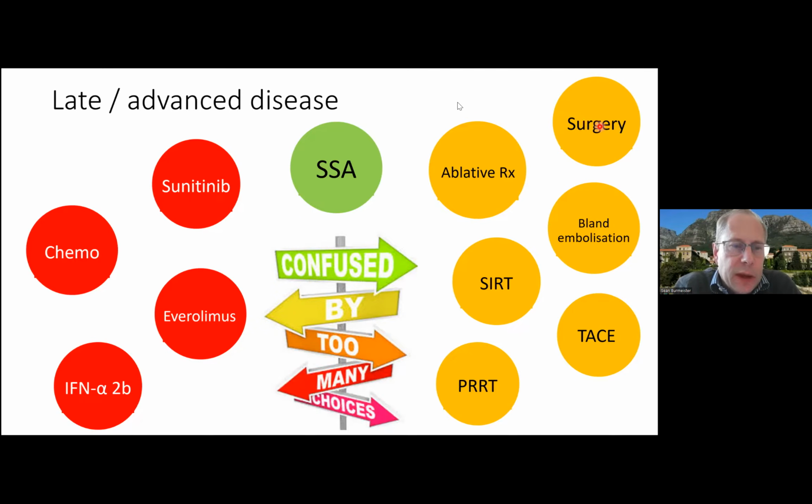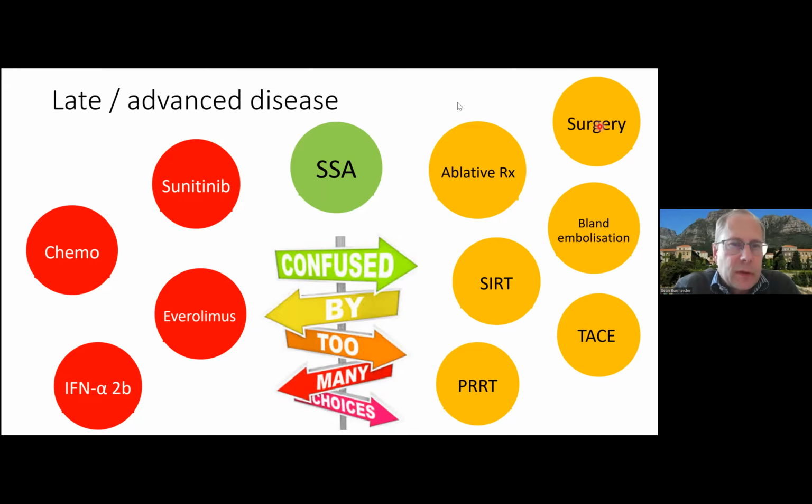The other medical modalities that are listed here are usually therapies that are considered once there is progression on a somatostatin analog. Everolimus is probably the more commonly used one, but there's also sunitinib, and interferon alpha has been used in the past.